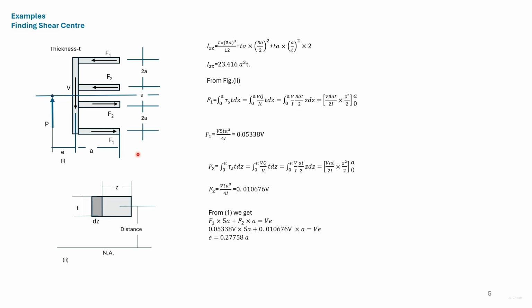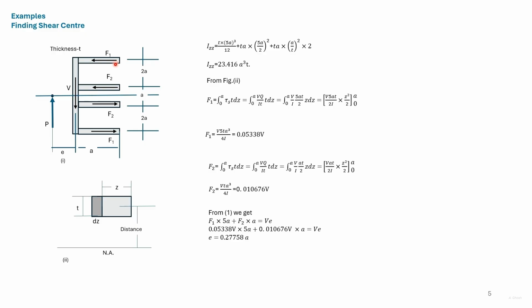To start with, we find the moment of inertia of the whole section. So we have found the moment of inertia of this vertical portion about its own axis and added A D square for the horizontal portions. Now let us find the force F1.